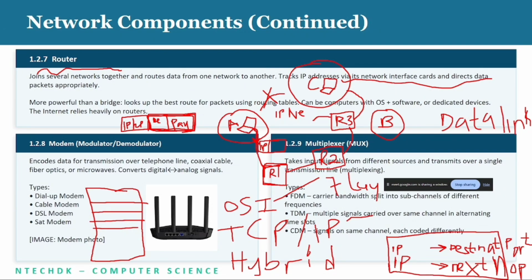So R1 receives the packet because it is not directly connected to C. What does it do? It needs to check its routing table, and on its routing table, it's going to identify the next hop. What's the next hop? The next hop is a router that is not directly connected to the destination network, right?